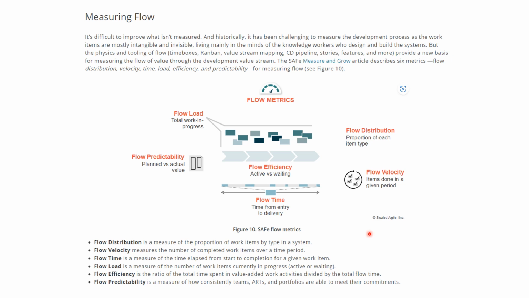Flow predictability is the measure of how consistently teams, ARTs, and portfolios are able to meet their commitments. So these six metrics contribute to the SAFe flow metrics, which you can track for any flow, for ART, for team flow, for a solution train. You can apply it to that.